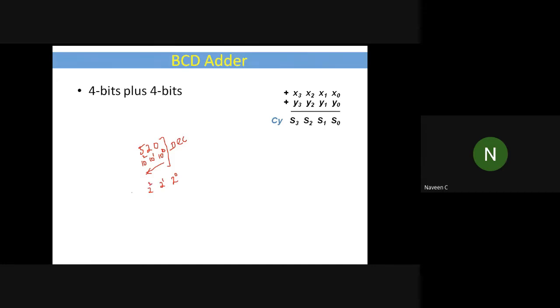So this will be 8, this will be 4, this will be 2, this will be 1. Like this only the weightage will be framed.